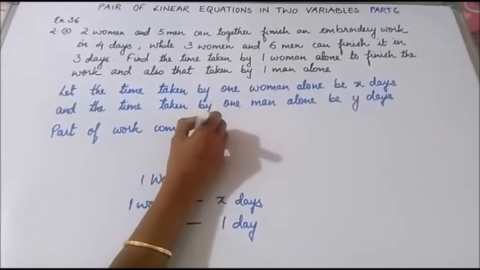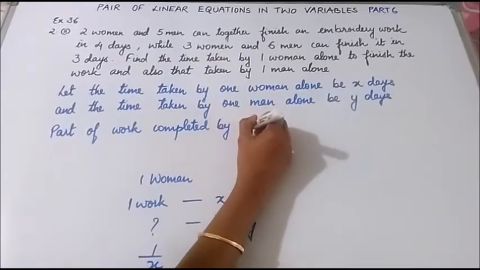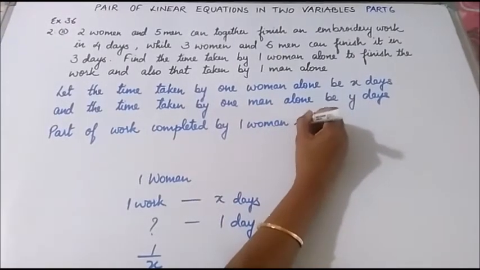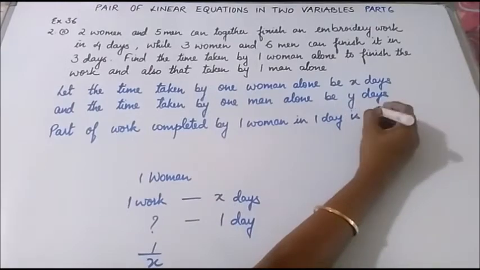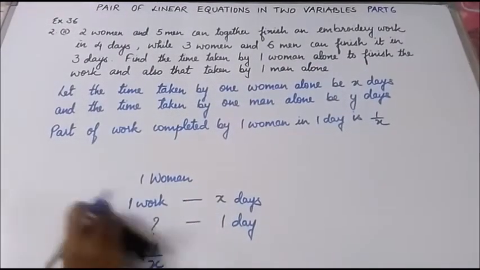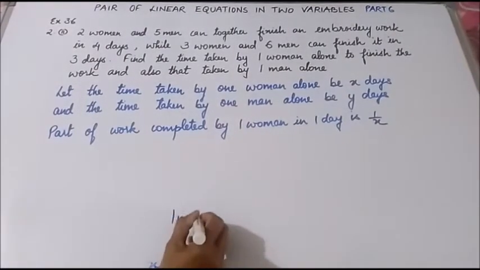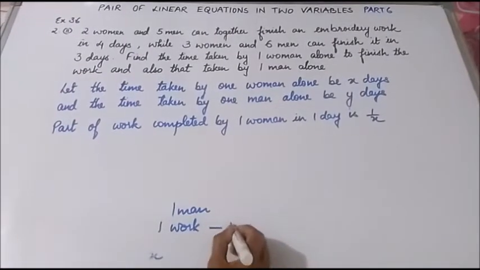So next statement we'll write, part of work completed by 1 woman in 1 day is 1 by X. Now 1 man, one work, how many days does he take? He takes Y days.